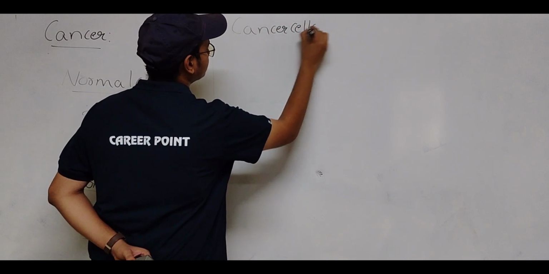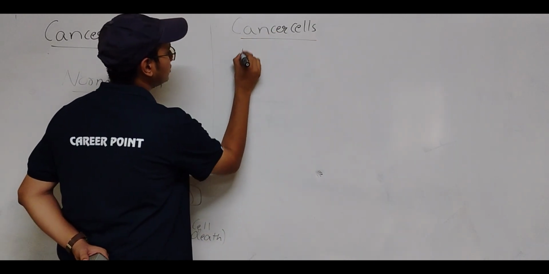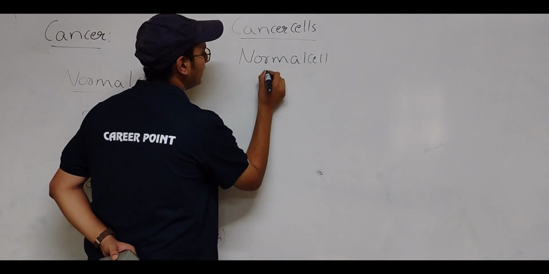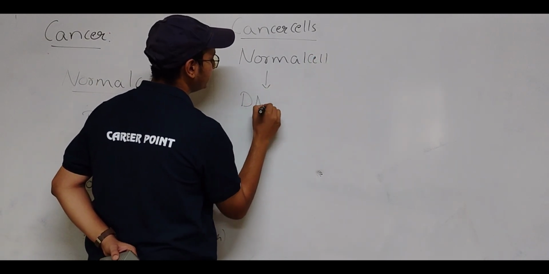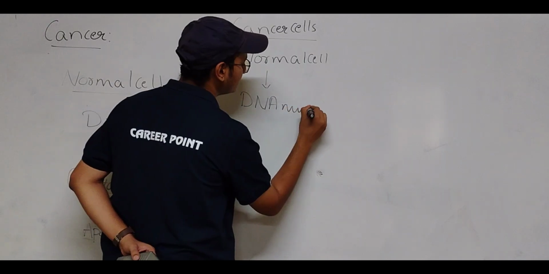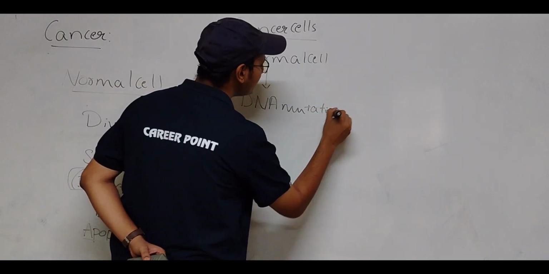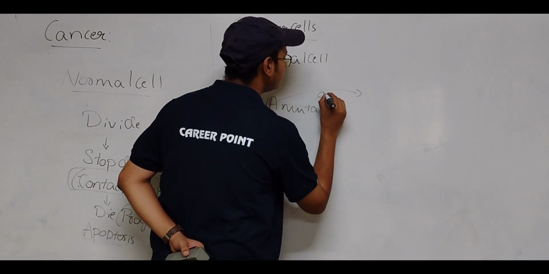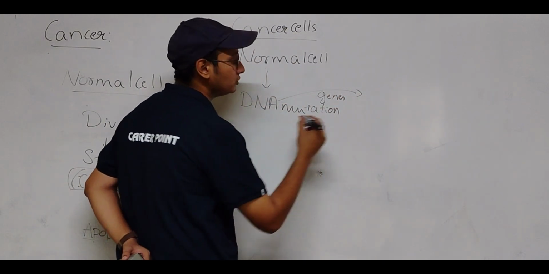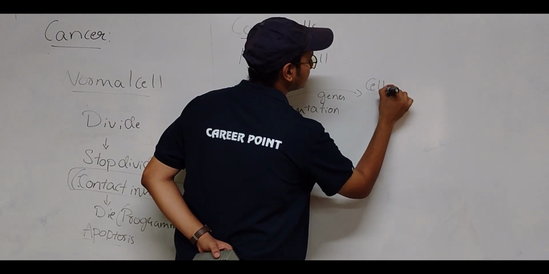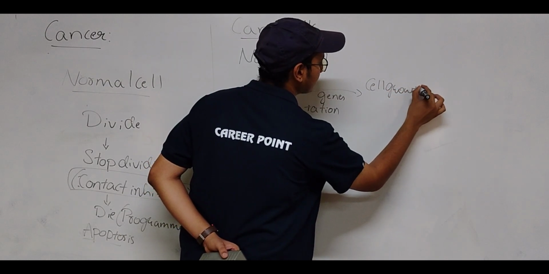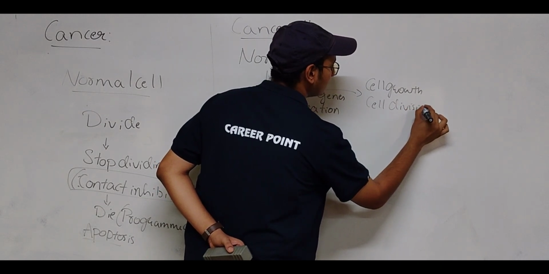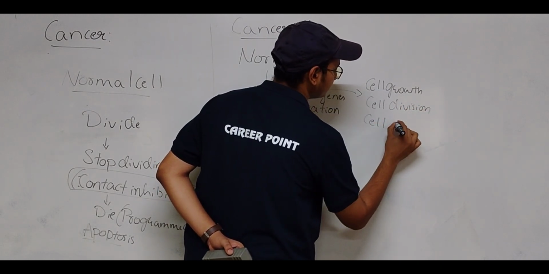Cancer cells. So there is a normal cell. Here, their DNA gets mutated. DNA mutation occurs. DNA has thousands and thousands of genes. The genes which are affected are related to cell growth, cell cycle, cell division, and cell death.